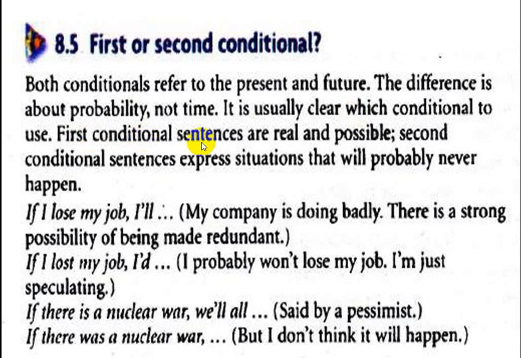First conditional sentences are real and possible, as I mentioned a little while ago. We can use them when we see a sentence or clause which is real and possible. That is the first conditional. The second conditional sentences express situations that will probably never happen, which means unreal situations or unreal possibilities.